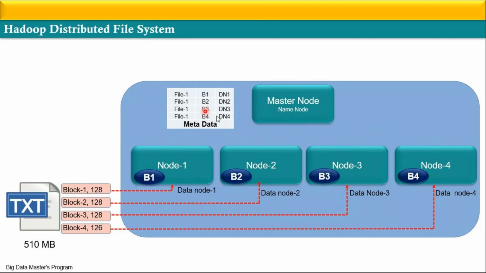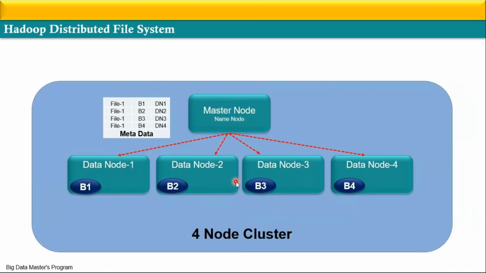So the master node is utilized to maintain the metadata, and this is quite simple. File 1, block 1 is given to data node 1, dn1. Block 2 is given to data node 2. Block 3 is given to data node 3. And block 4, data node 4.